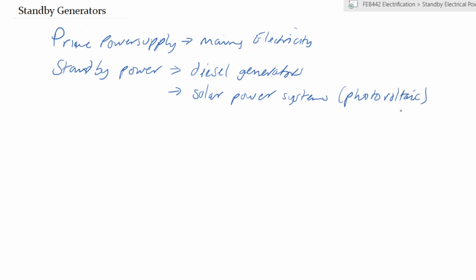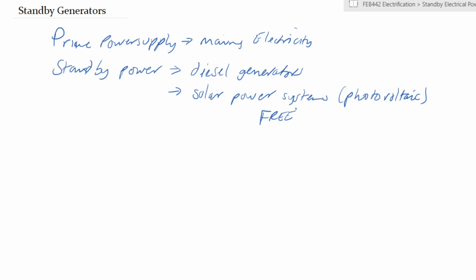Now, the advantage of solar power systems is that their input is free. They are run directly from the power of the sun. So light shining on solar panels is converted directly into electricity.